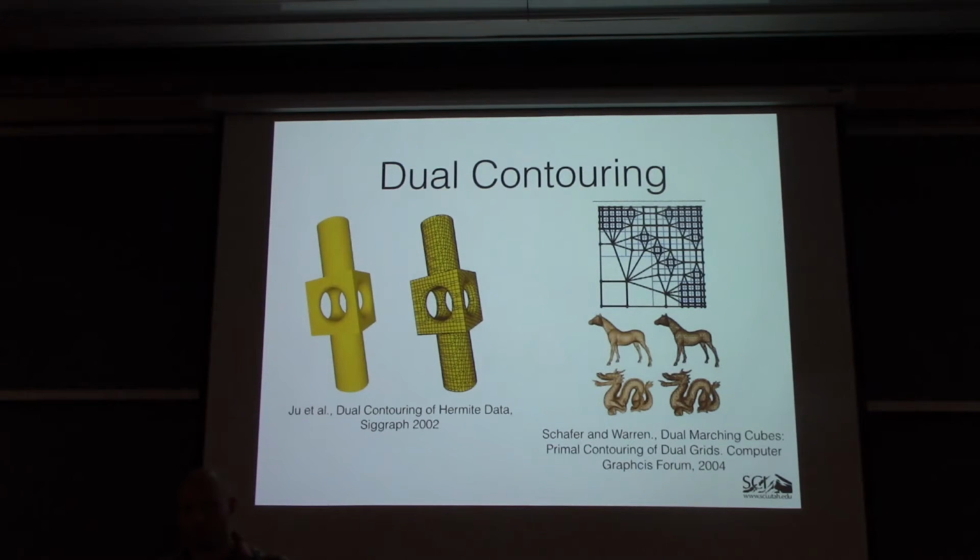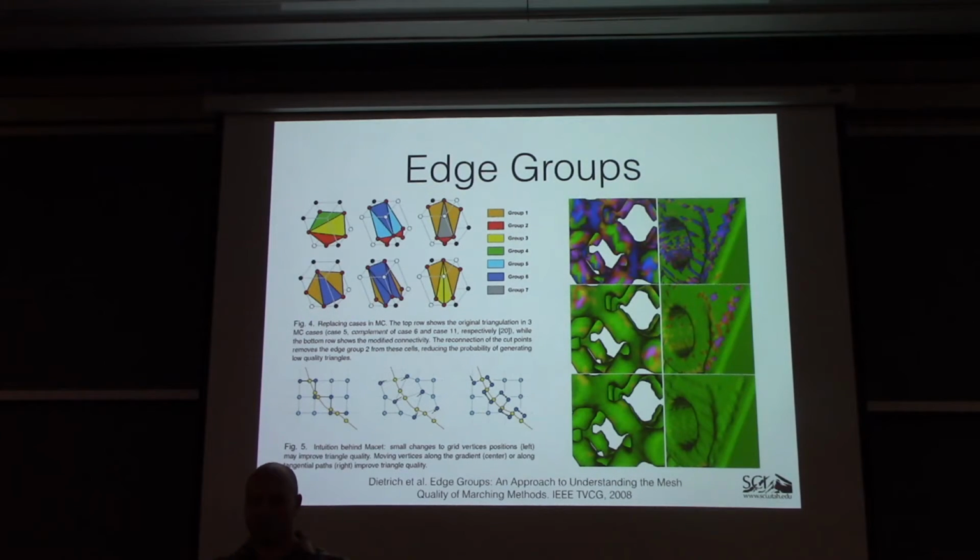So dual contouring looks at the dual, putting vertices inside cells of various resolutions and doing marching cubes on this adaptive mesh. The Schaefer and Warren paper on the right was a little more like marching tetrahedra, whereas dual contouring of Hermite data is more like a hack on top of marching cubes. But there are these techniques for adaptive marching cubes.